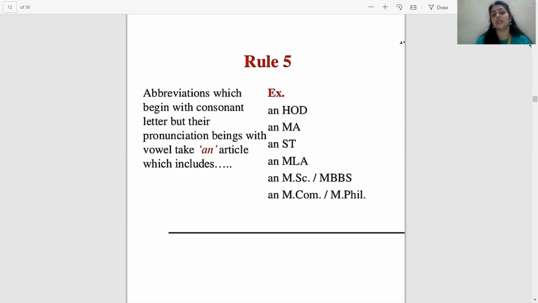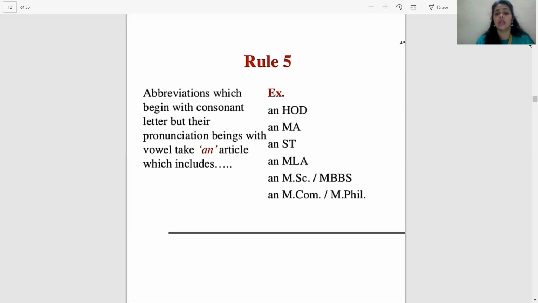What is the important thing you should remember when writing abbreviations? We pick the first letters of the long full form, and then we write all those first letters in capitals, in print capitals majorly, not in cursive.